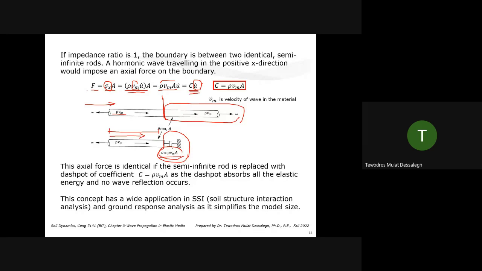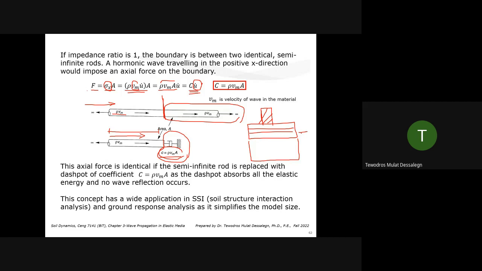So the direct application of this is something like this. Let's say you are modeling, using FLAC 3D, a dam model or a building. You have your nearby geotechnical soil layers modeled, but you can go deep in the ground.